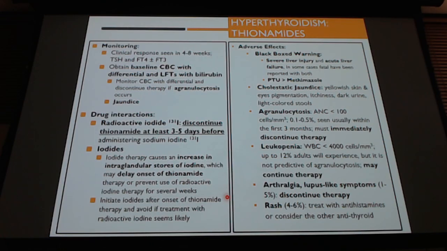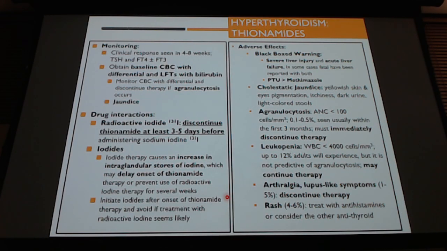Interactions. So these are very important for you to look at whenever we're talking about giving that radioactive iodine. So let's say that I decided to try to ablate that thyroid in that patient, okay? If I was trying to do an ablation, make sure that you understand that you need to discontinue that thionamide before you administer the radioactive iodine.